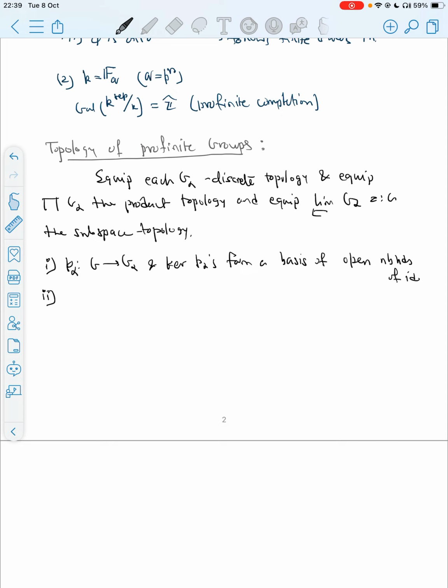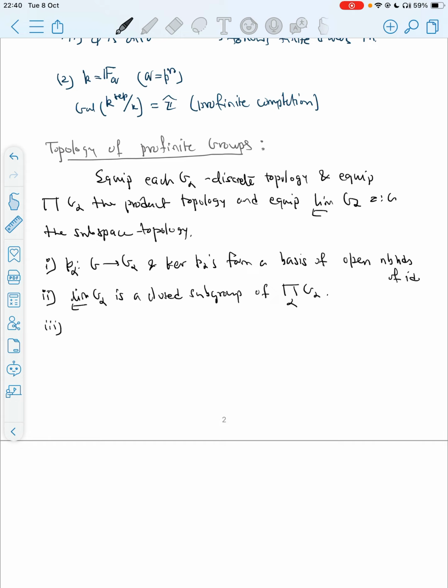Second thing, G is a closed subgroup of the product of G_alpha. And this will imply it's compact because these G_alphas have discrete topology, and of course, they are finite groups.